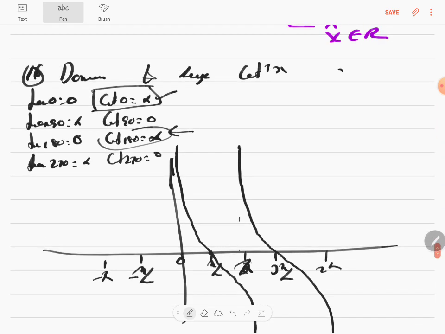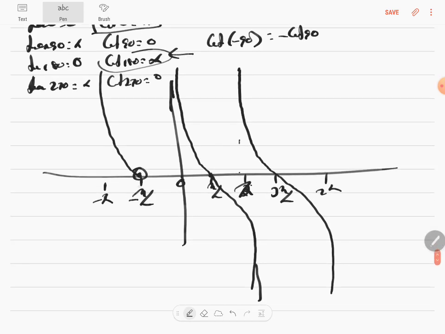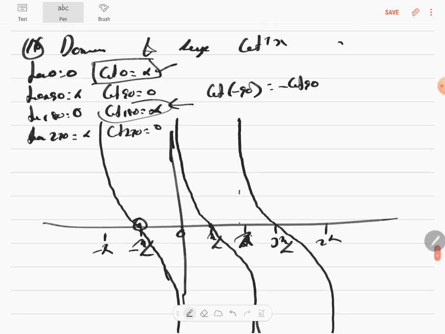So what happens when it is cot of minus 90? Cot of minus theta is minus cot theta, so minus cot 90, which will again be 0 only. And looking at this pattern, you know that at minus pi it will be infinity. So at minus pi by 2 it's got to be 0. Then obviously this got to come like this, and yeah, so this is the graph for cot.